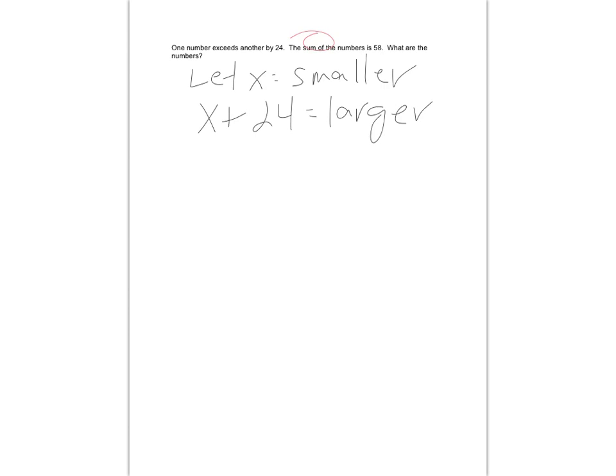The sum of the numbers is 58. Sum means add. So when I add the smaller and the larger, I get 58. So the smaller is x plus the larger, x plus 24, equals 58. On the left side, I can add 1x plus 1x and get 2x.